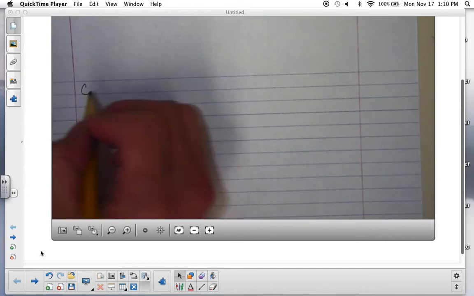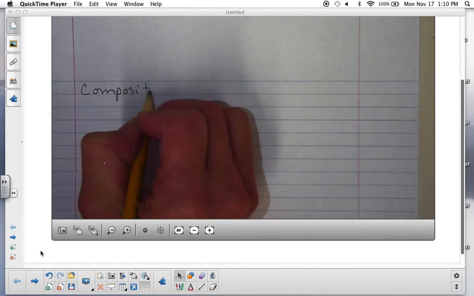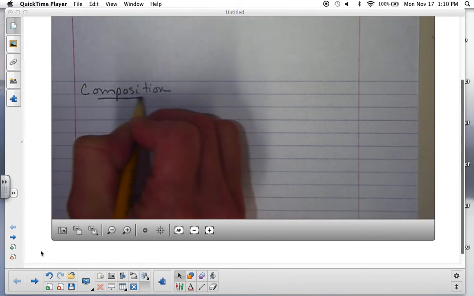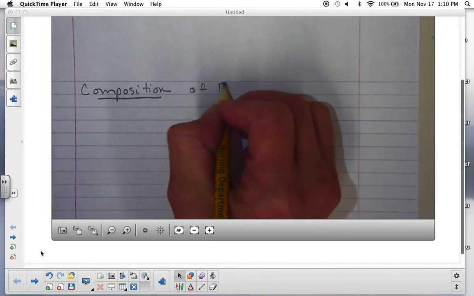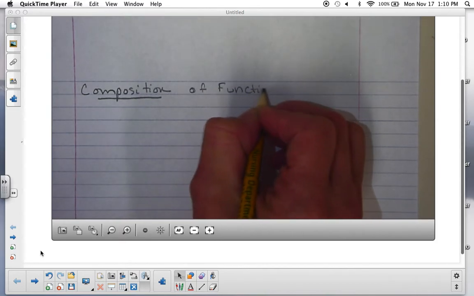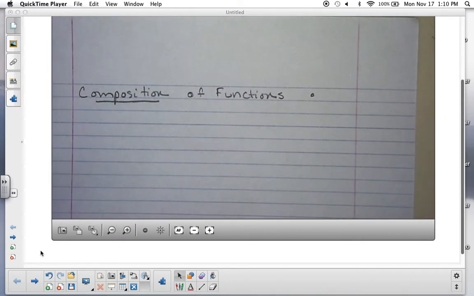Composition of functions. You did composition last year with transformations. So you did it like reflecting over the x-axis composed with reflecting over the y-axis or something like that. And you may or may not remember that the symbol was a little dot. It looks like a degree symbol, but it's typically placed in between the two things.